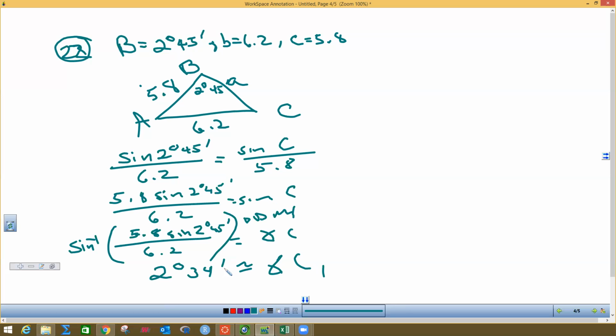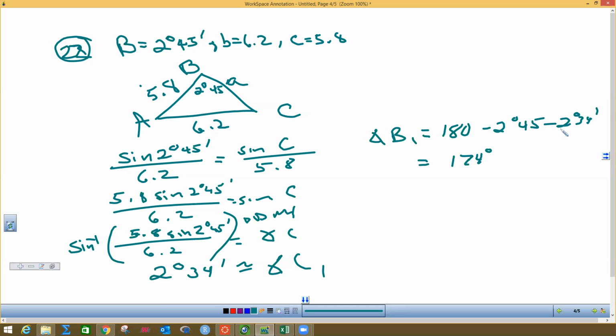Okay, now I'm going to find angle A. Angle A is going to be 180 minus those two, minus 2 degrees 45 minutes, minus 2 degrees 34 minutes. So it's going to be 174 degrees.